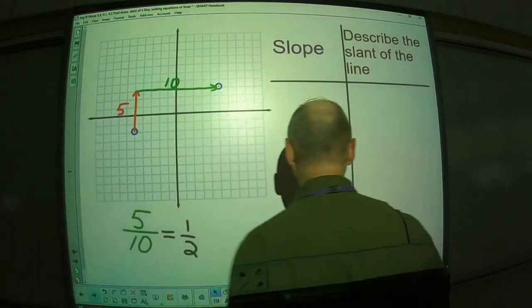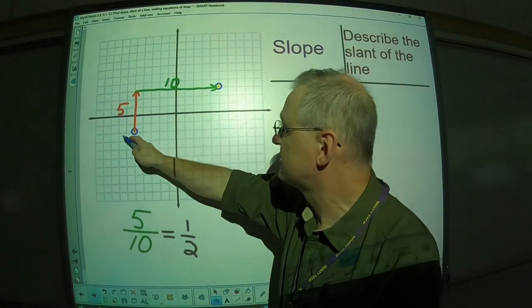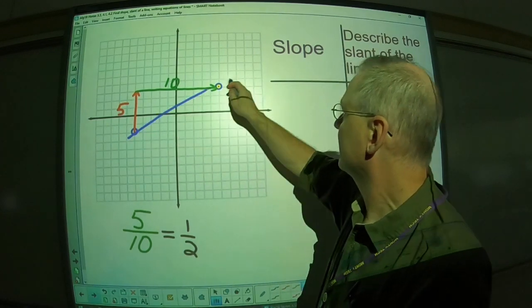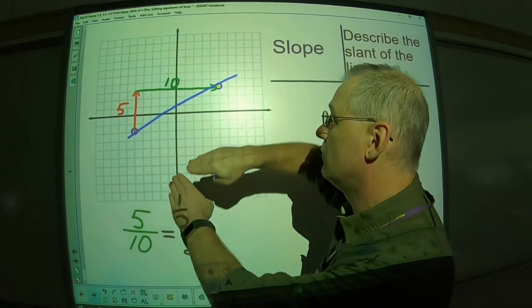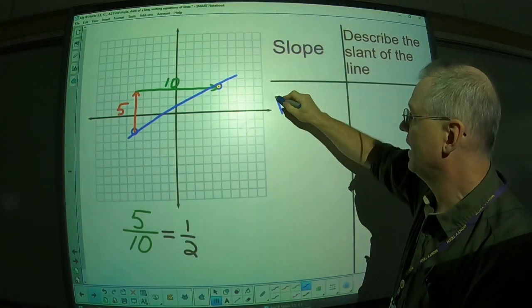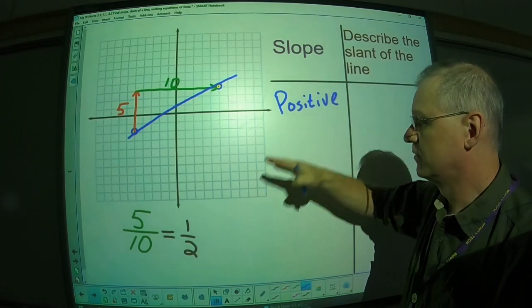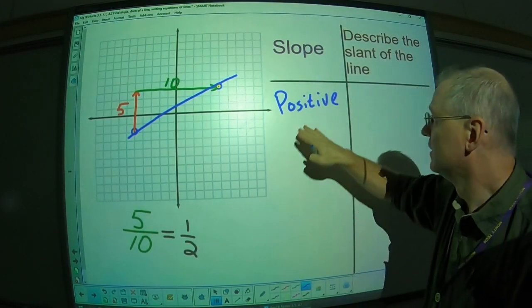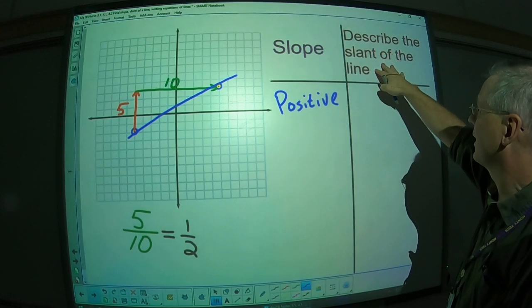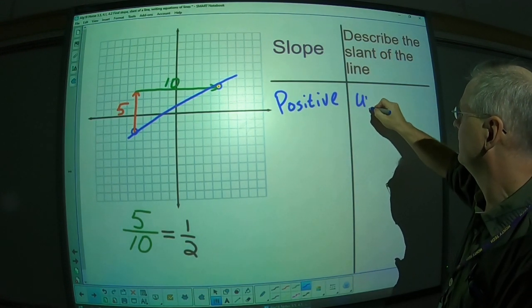Now, in general, if our slope, like in this case, if we drew a line connecting these two, that line would be going uphill from left to right. This is a positive slope. The slope is positive. So when we describe the slant of the line, we don't say positive, we say uphill.